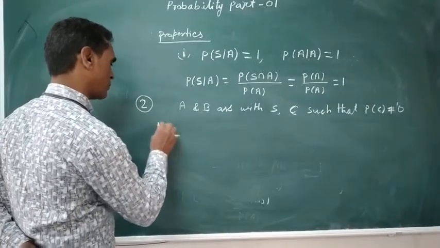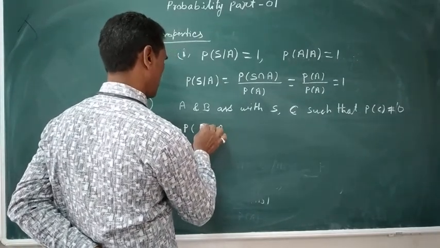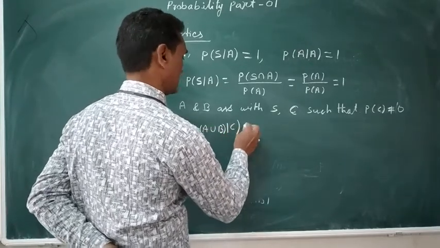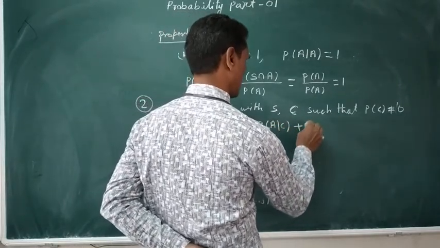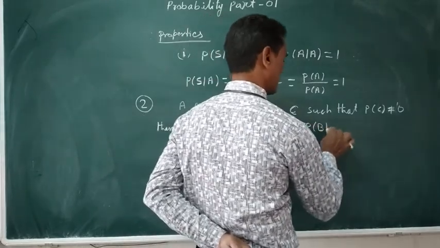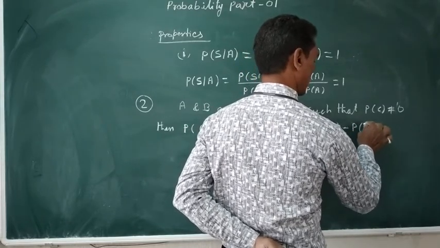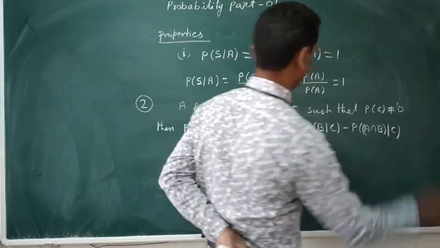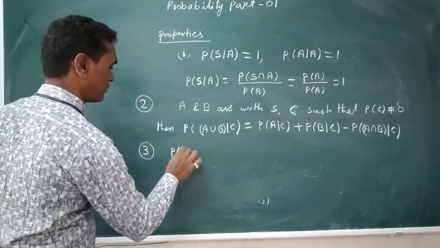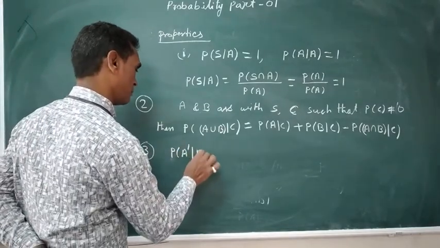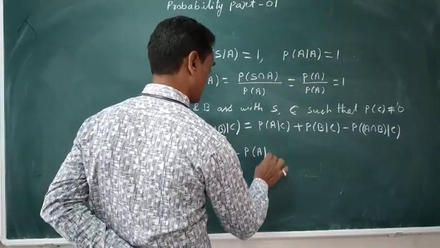Then probability of (A union B)/C is equal to probability of A/C plus probability of B/C minus probability of (A intersection B)/C. The third property is probability of A' (complement) given B is equal to 1 minus probability of A given B.